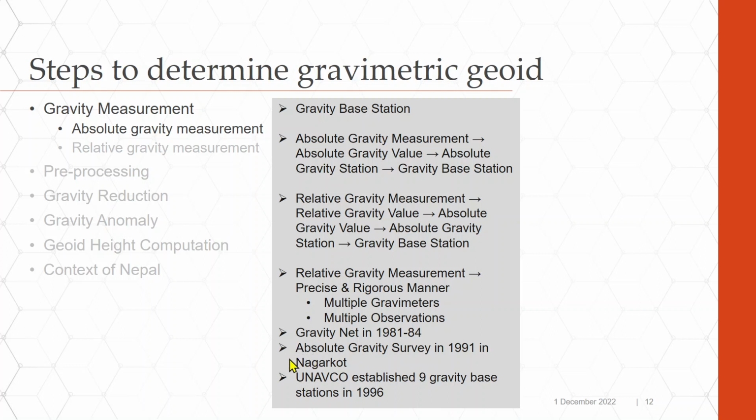The Gila absolute gravimeter was used to determine the absolute gravity. Till now, it is the only absolute gravity survey that has been conducted in Nepal. Later in 1996, UNESCO carried out a relative gravity survey to establish 9 gravity base stations.